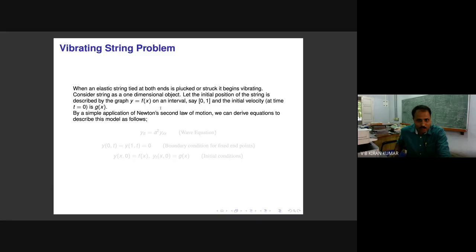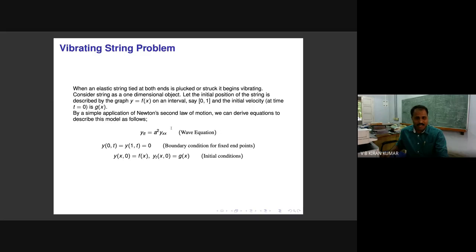This derivation is again common to the undergraduate course in mathematics. You will obtain this equation, y_tt equal to a squared times y_xx. The left hand side represents the second partial derivative with respect to time t, and the right hand side represents the second partial derivative with respect to the position x. So this is the well-known wave equation.